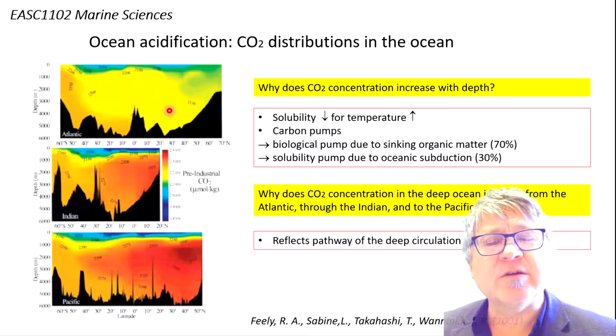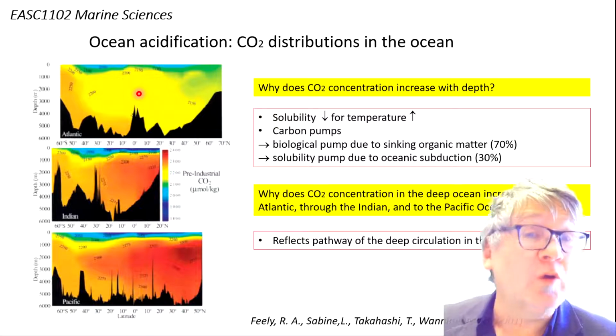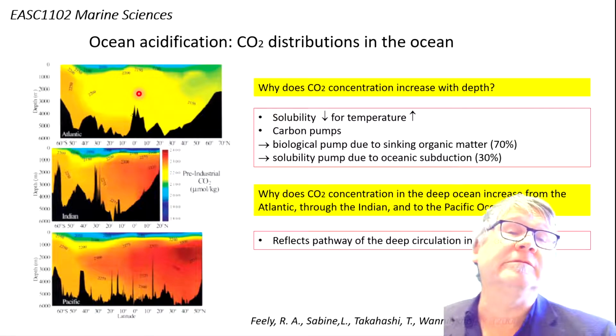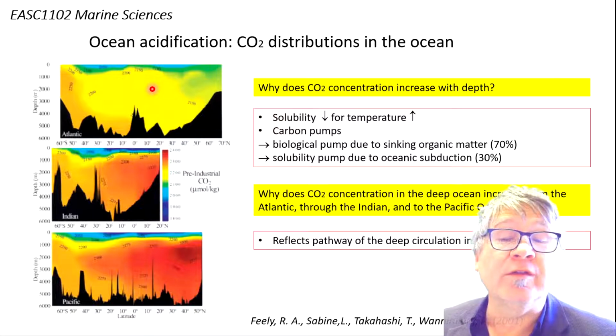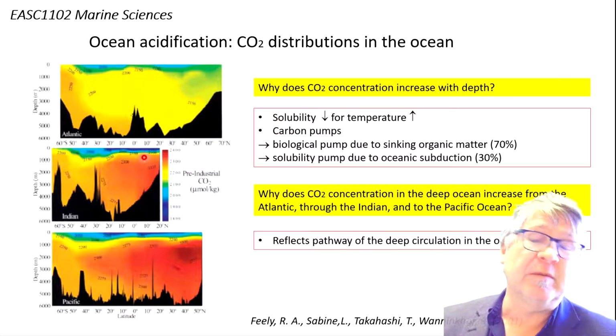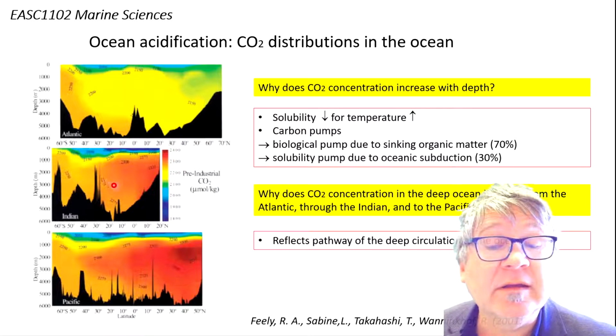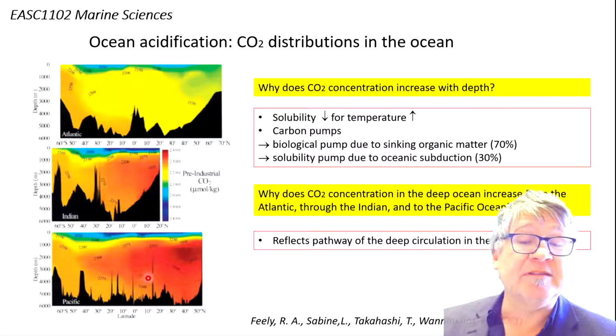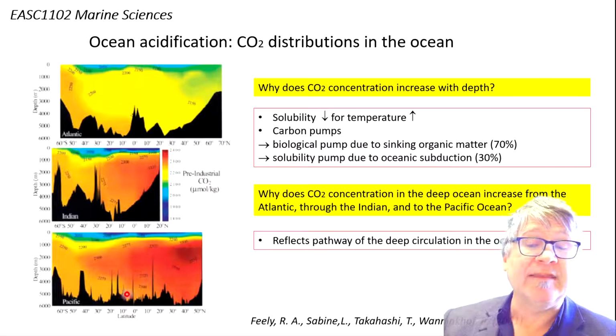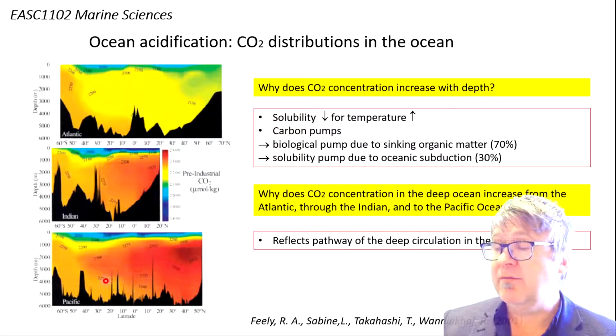Why are the values so high? However, now another aspect: as you travel through the oceans, you go to the Indian Ocean, you see a similar structure, but it's even more pronounced at depth, and in the Pacific Ocean as well. At depth, you get a higher value.